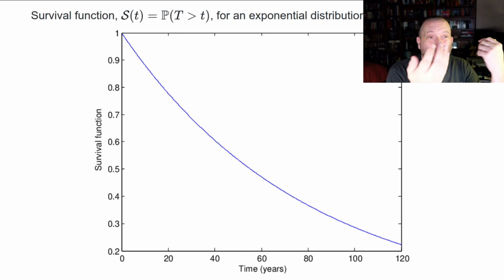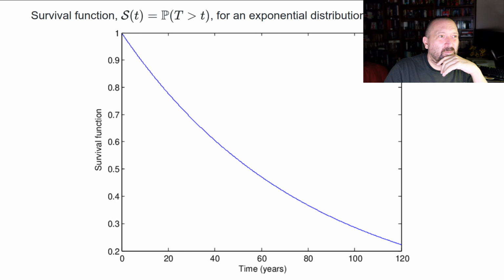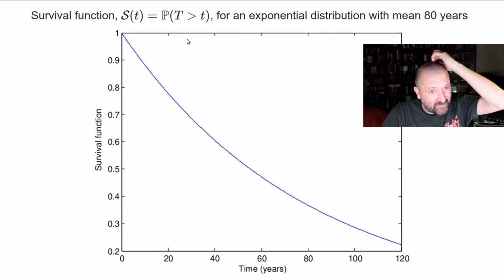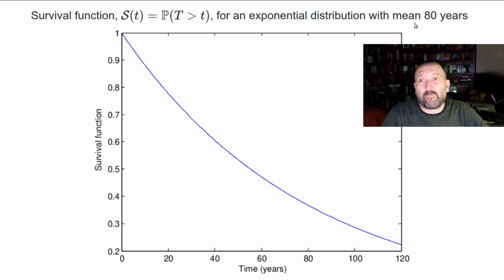Let me illustrate one big problem with the exponential distribution. Here I'm plotting the survival function for an exponential distribution where I've taken the mean to be 80 years.